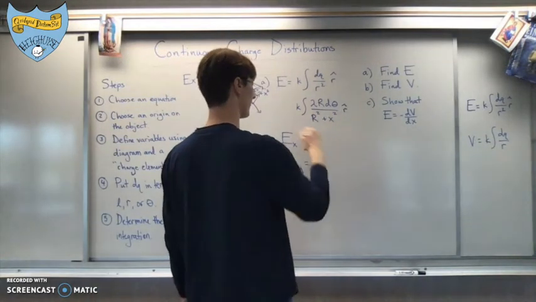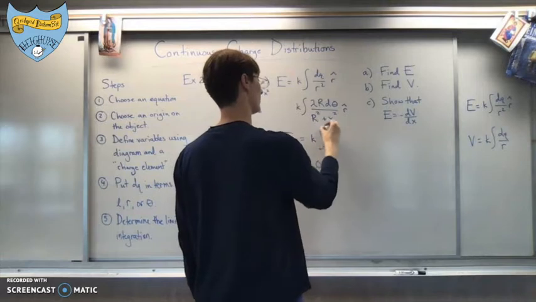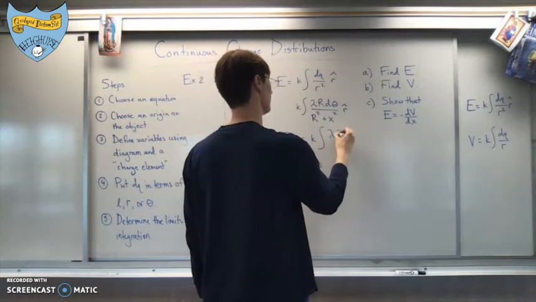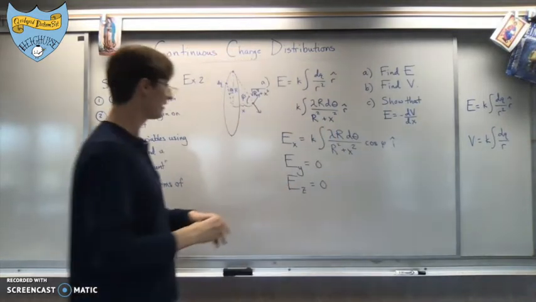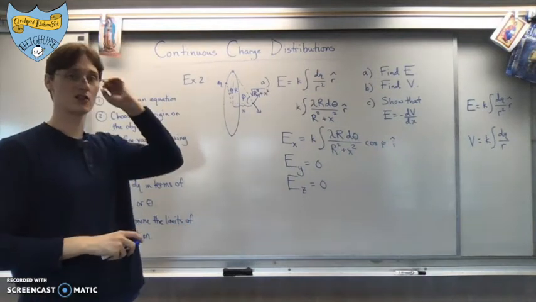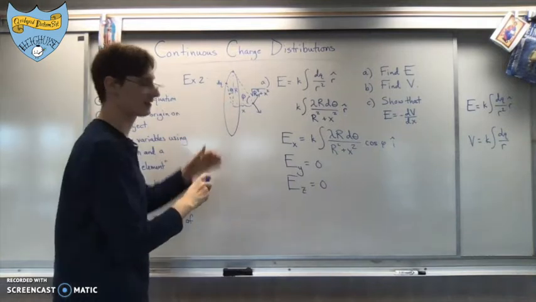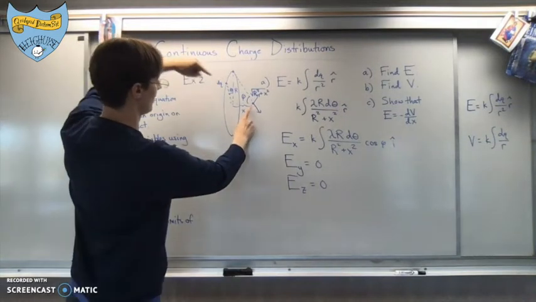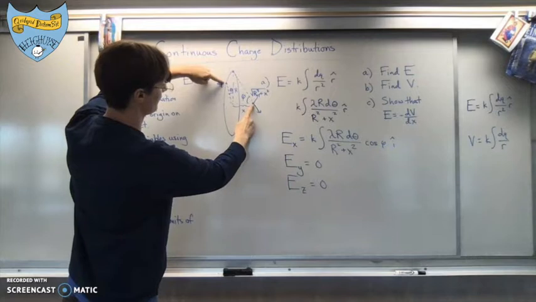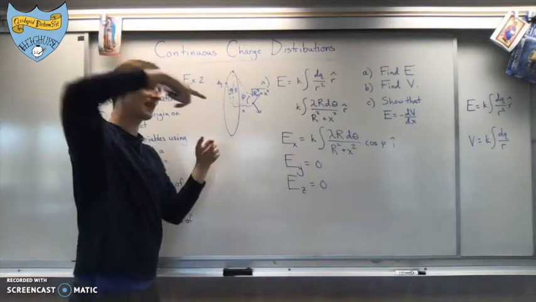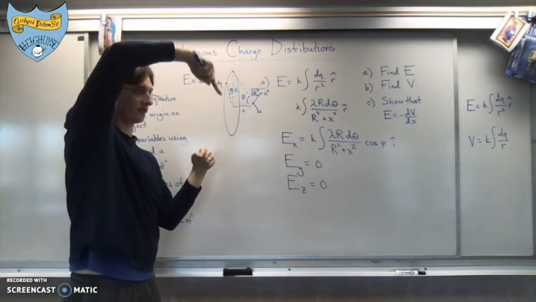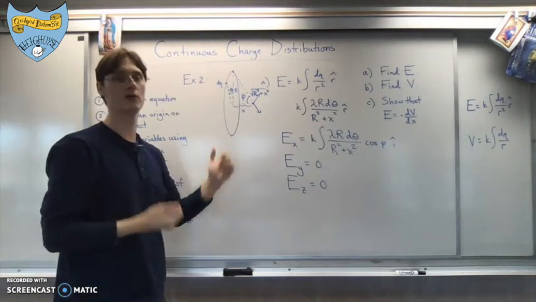So let's rewrite our integral with cosine phi in there. All right, now phi, fortunately, doesn't change. It maybe kind of looks like it changes because it's kind of hard to draw the geometry, from there to there, but it's the same angle phi from any point on the ring.